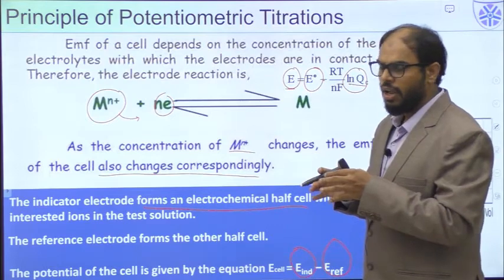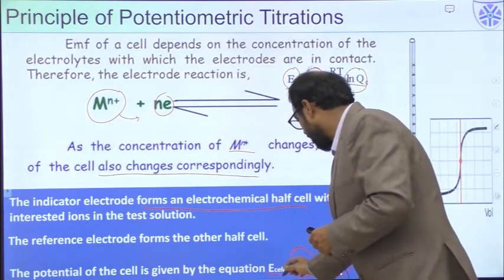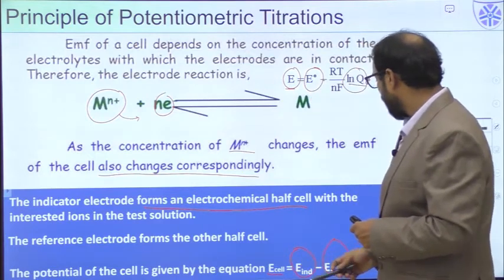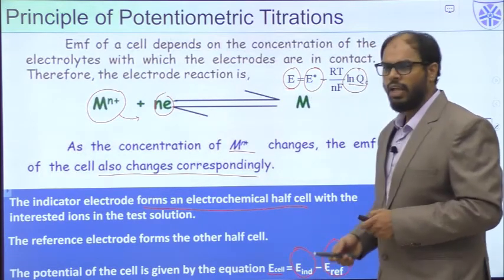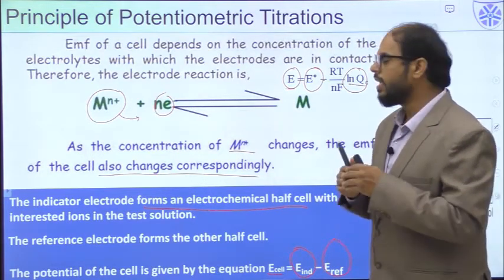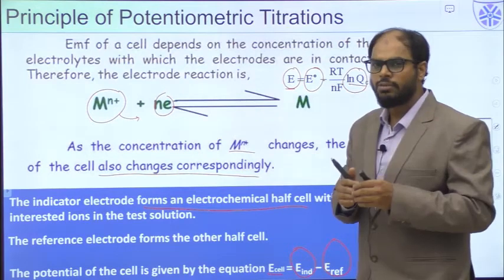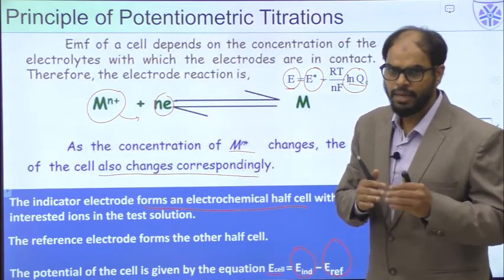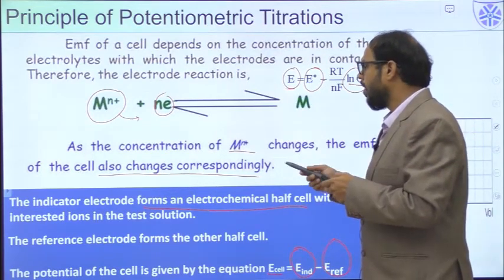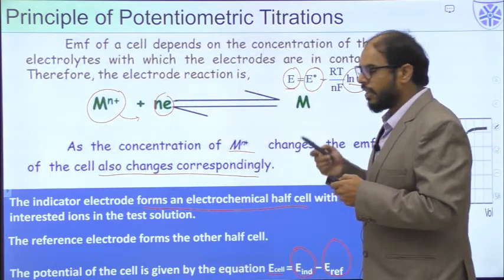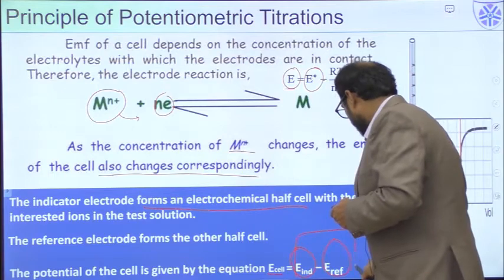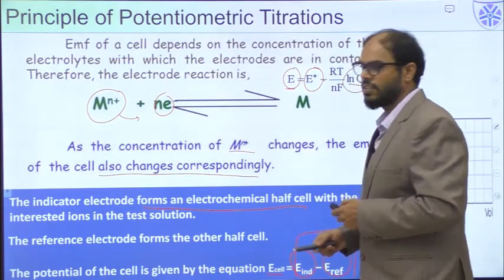The potential of the cell can be given by the formula E_cell = E_indicator − E_reference, because we have known from the previous session that the EMF of a cell is nothing but E cathode minus E anode, or E right minus E left. Similarly, for a solution whose concentration has to be determined, the EMF of the cell can be given by E_indicator − E_reference electrode.